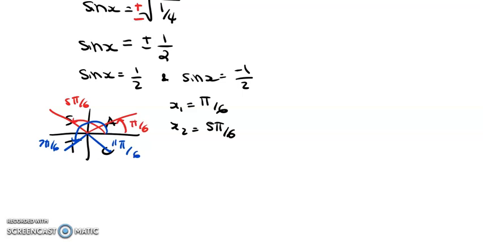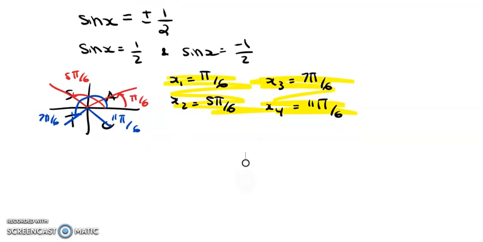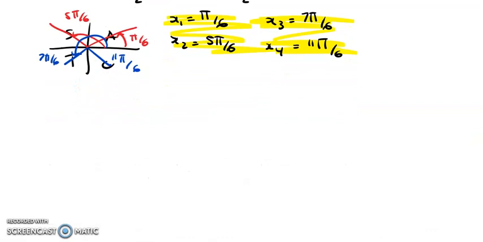So we can say x3 is equal to 7 pi over 6, and x4 is equal to 11 pi over 6. So there we go, we've identified the roots for this quadratic trigonometric equation, my apologies. All right, let's do another example.